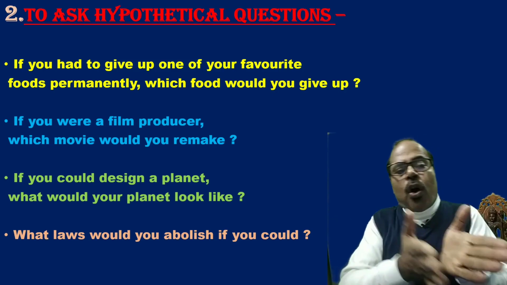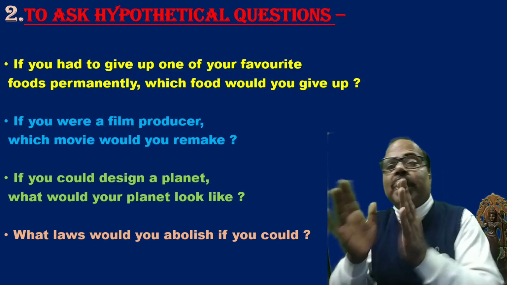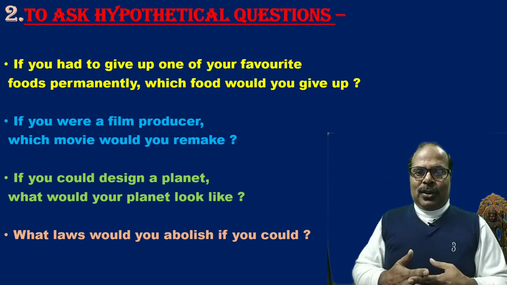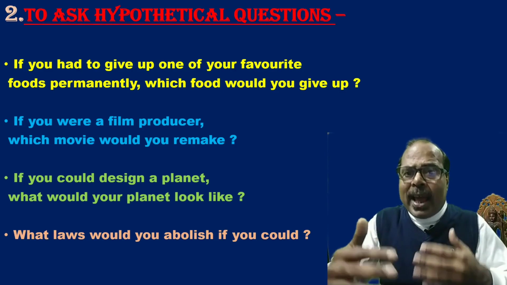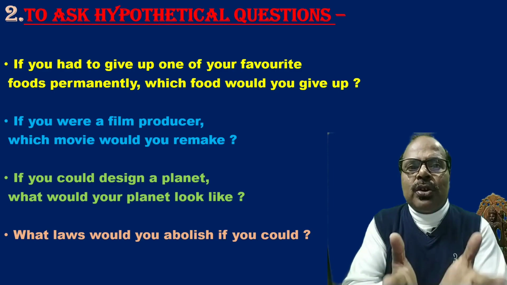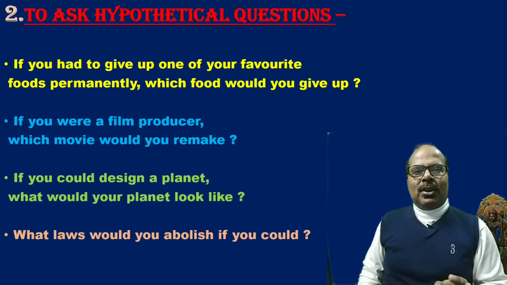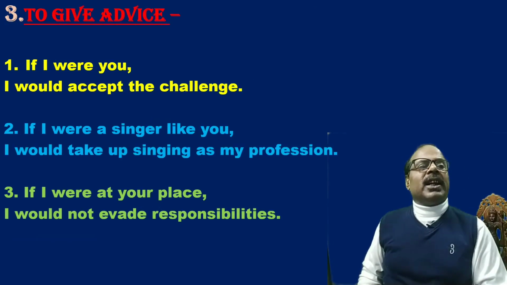That means what laws would you abolish if you were able to do that? So in place of were able, we can use could. So in hypothetical questions, we can use the second conditional.